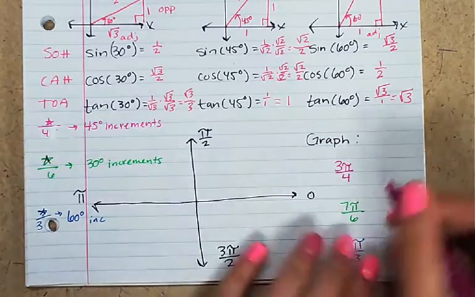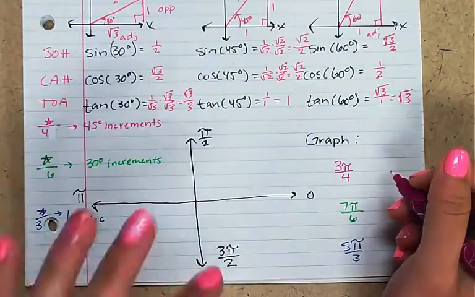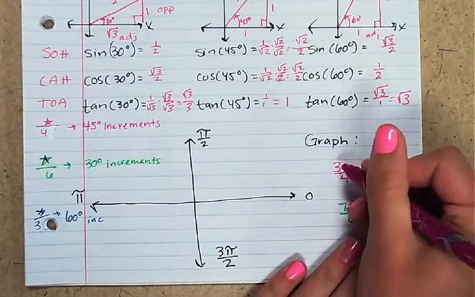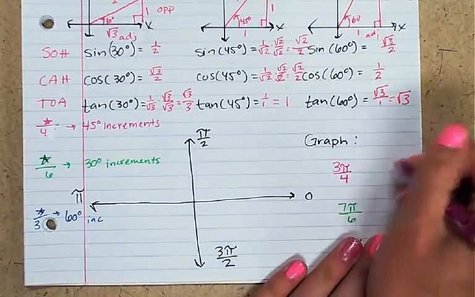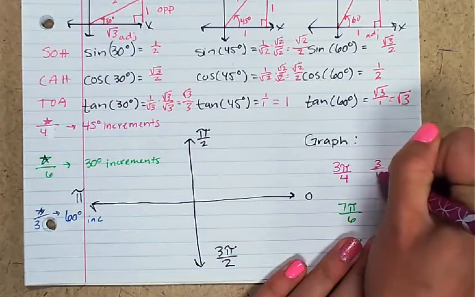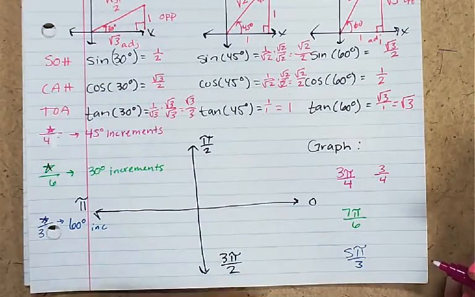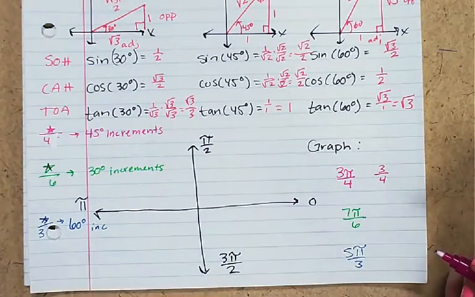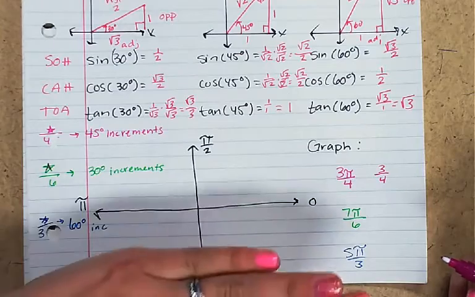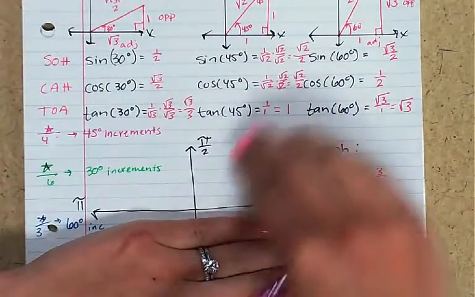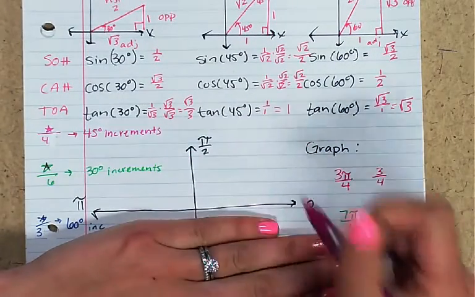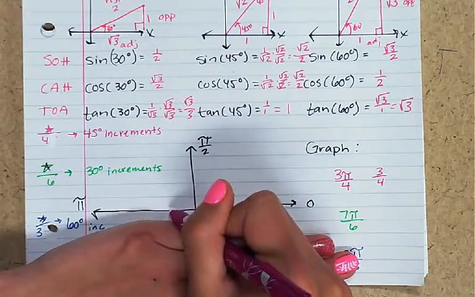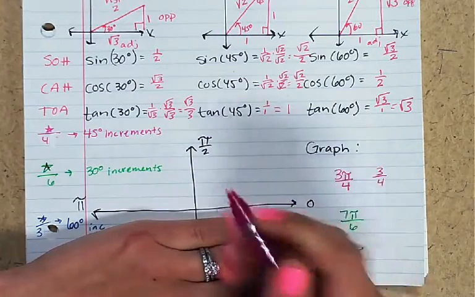So on this one here, we're just graphing, just so that we can identify where we're at on the graph. So we want 3 pi over 4. So if you think about it, that's just the fraction 3/4. So is 3/4 more than 1 or less than 1? It's less than 1. So I know it's going to be on this part of our coordinate plane, because to get over here, that's 1 whole pi, and we only have 3/4 of a pi.